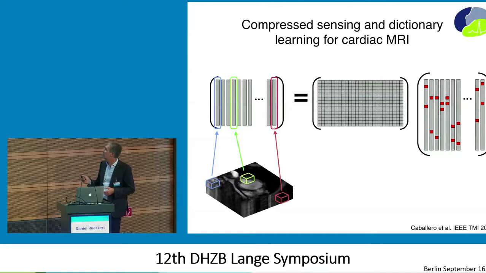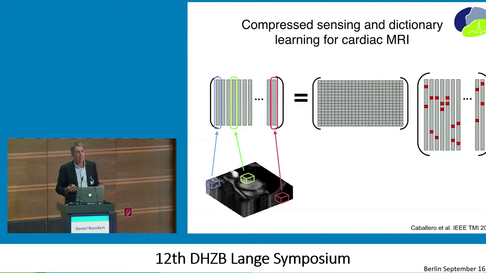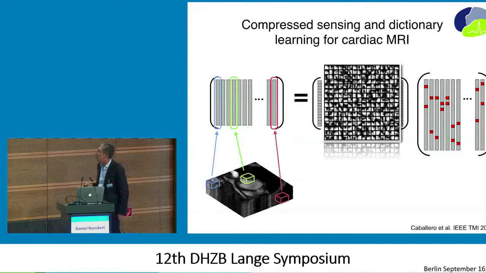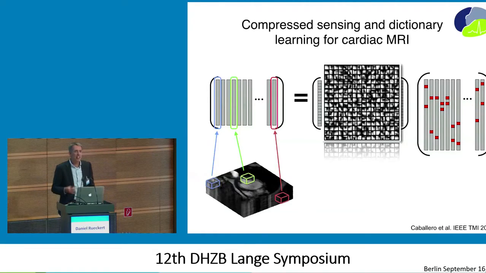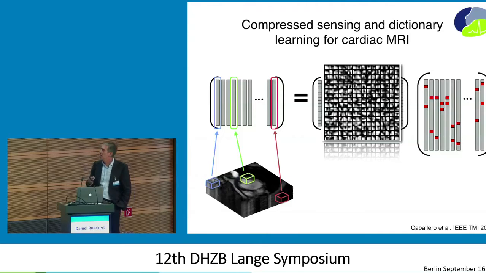And the second matrix is a set of sparse coefficients which are supposed to describe the image in combination with the dictionary. Now, the dictionary is directly learned from the data, and it's learned from the patient's data, so there is no bias in this. The dictionary you can think of effectively as a visual vocabulary of these small patches which make up the image.